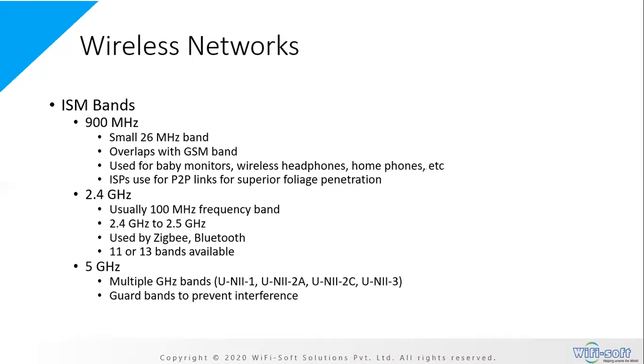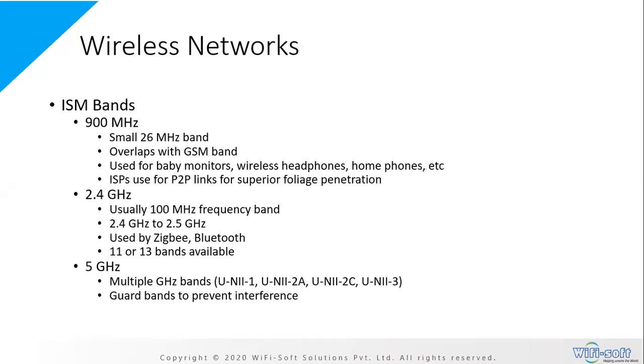Now, the next band which everyone knows is the 2.4 gigahertz band. I think all of you are quite aware of this band. This is the most frequently abused band as well. This band offers you 100 megahertz of spectrum.